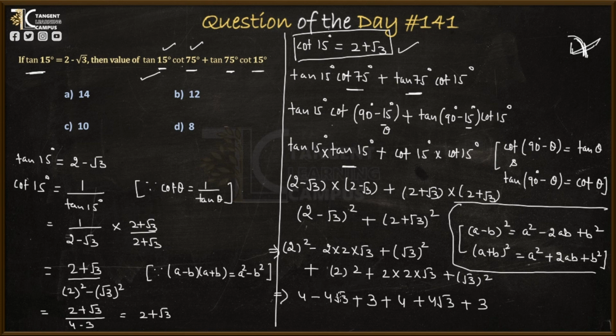So now we can cancel minus 4√3 plus 4√3. So basically we are left with 4 + 3 + 4 + 3. Adding these, 4 plus 4 is 8, and 8 plus 6 is 14. So basically we have the value 14 here.